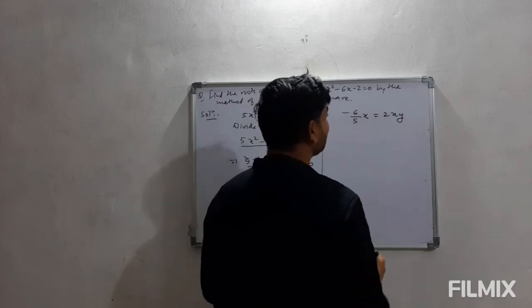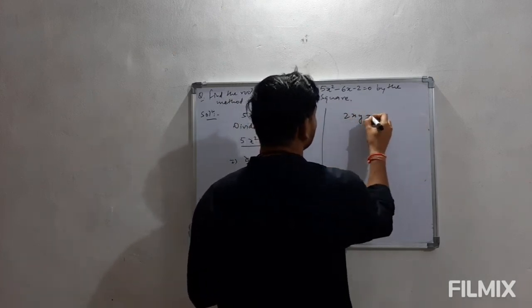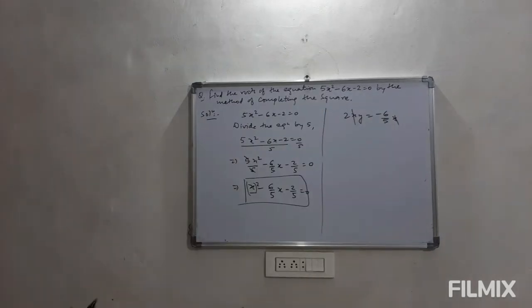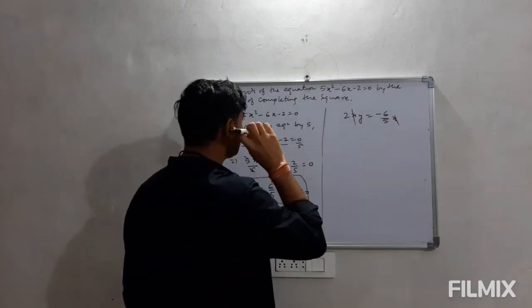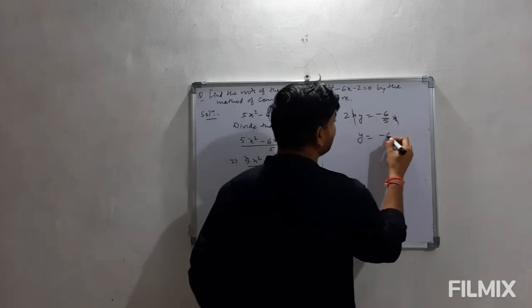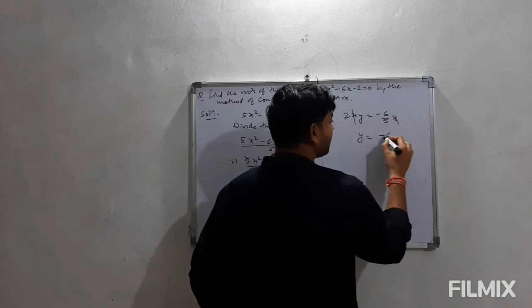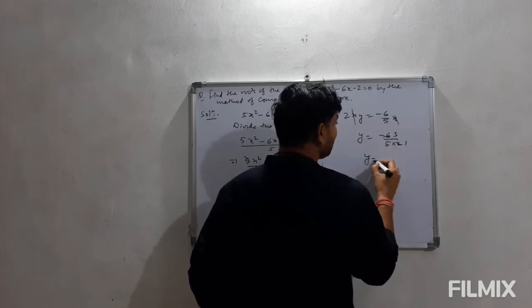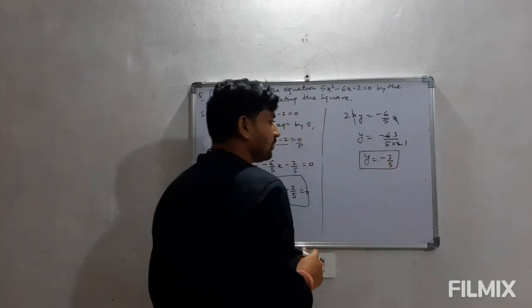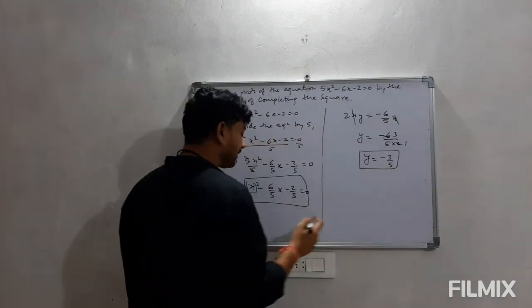As I told you, we will take the value of 2xy, that is 2xy is equals to minus 6 upon 5x. X and x is cancelled, so y is minus 6 upon 5 into 2. If we divide it by 2, we will get 3 here. So the value of y is coming out to be minus 3 upon 5 here. So this is the value of y which will be adding and subtracting.